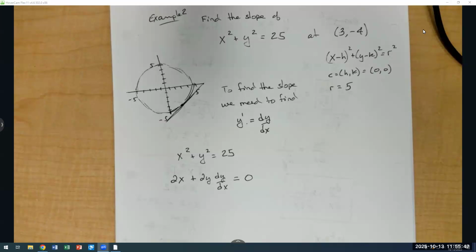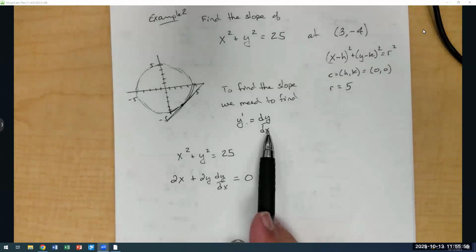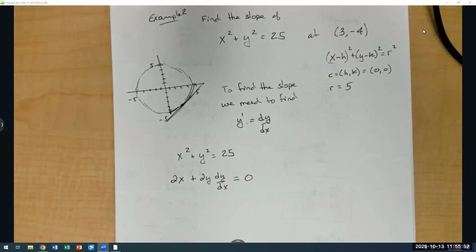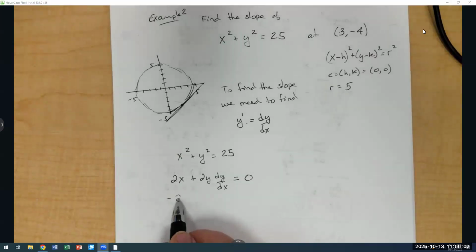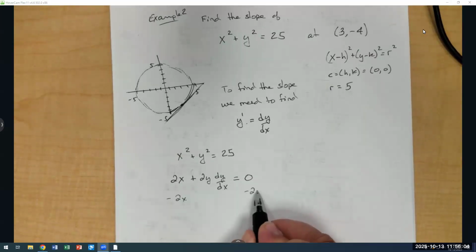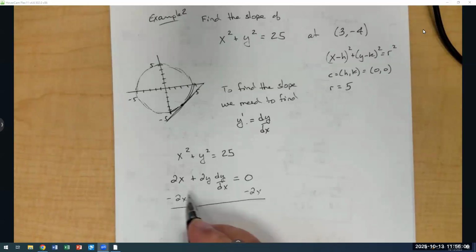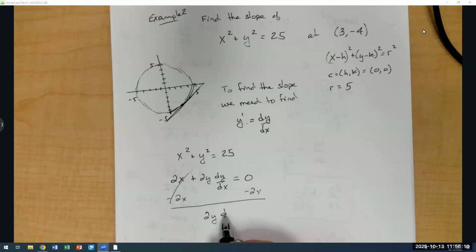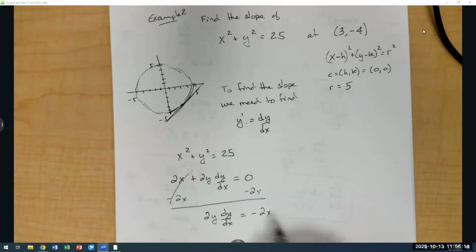So what's my next step? Isolate dy/dx. How do we do that? Move over the 2x. Get rid of the 2x first. So 2y dy/dx is equal to negative 2x.